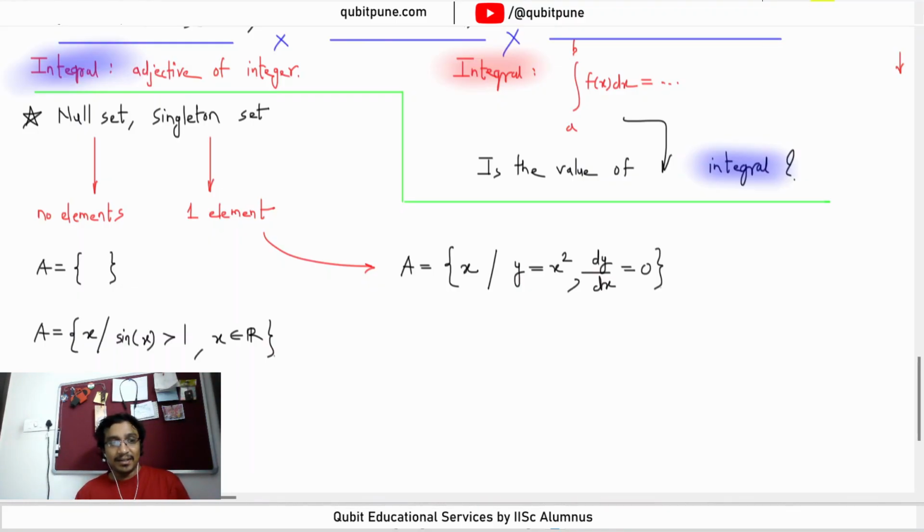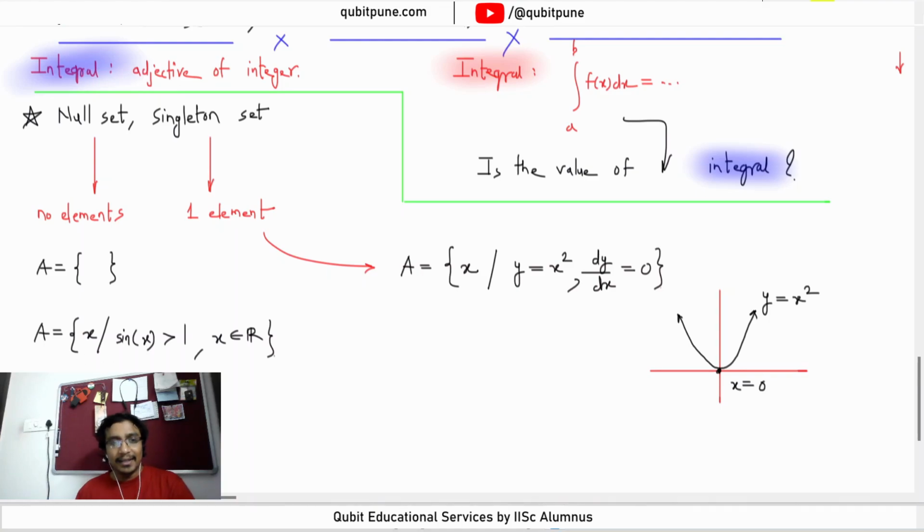It is. Why? Because the function that I have chosen is a parabola. Its derivative 2x, equated to 0, produces only one value of x, and that value is 0. So can we call it a singleton set? Yes, we can. Is that clear?